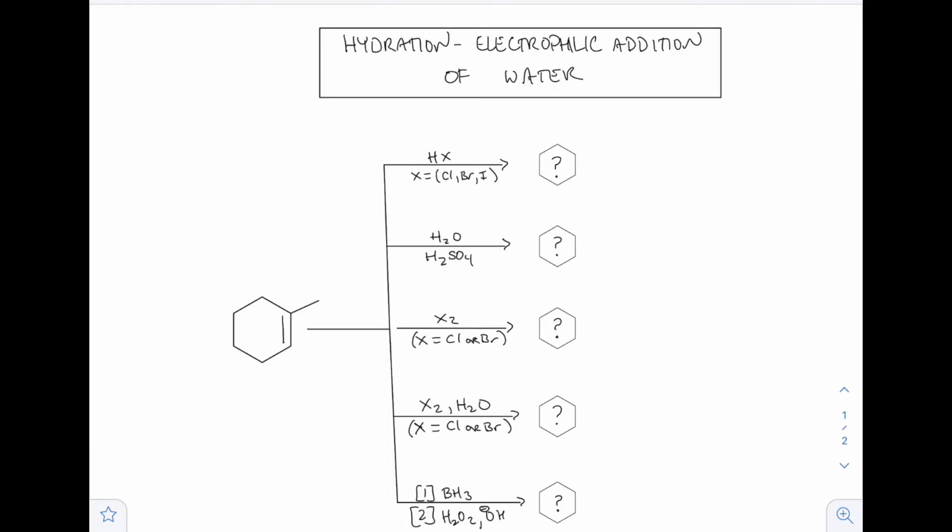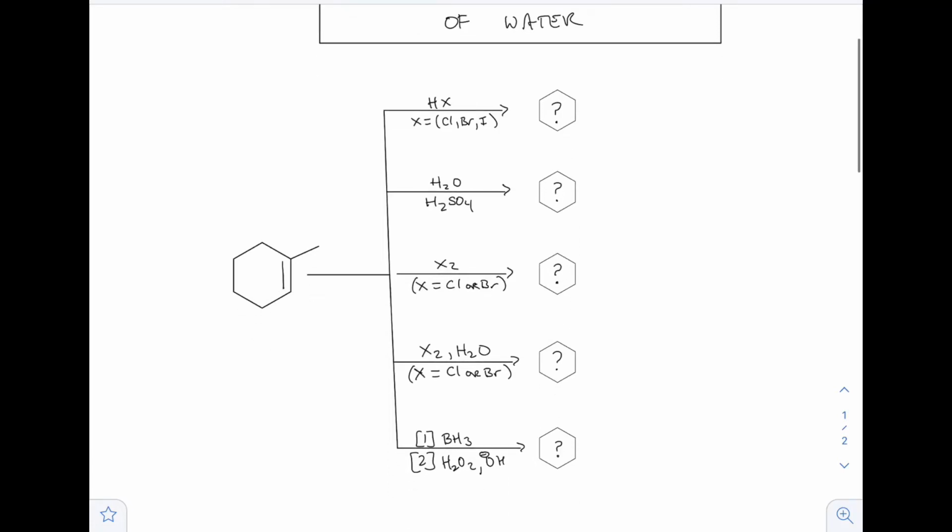All right, so the hydration reaction of an alkene is also known as electrophilic addition of water, and that's the next thing we're going to do. But we want to remind ourselves what the electrophilic addition of HX was and what those products are, so that we can complete this chart.